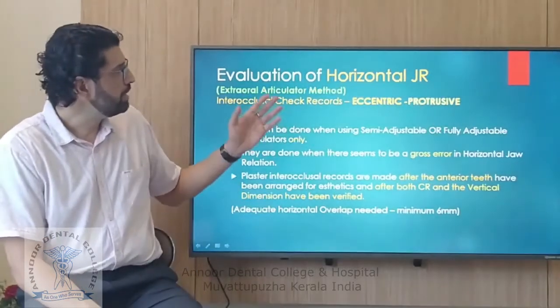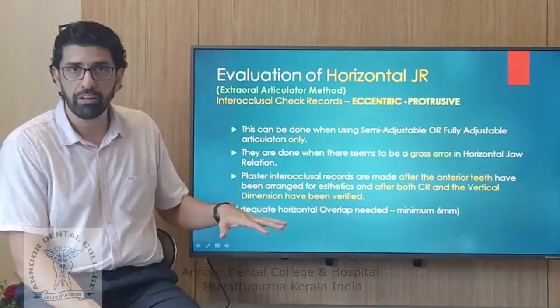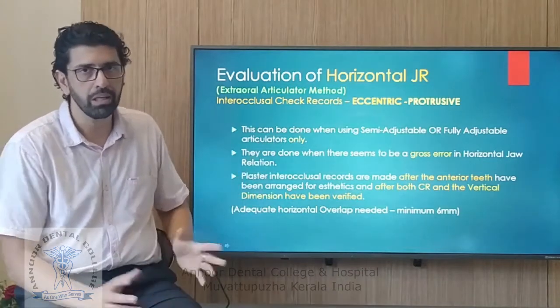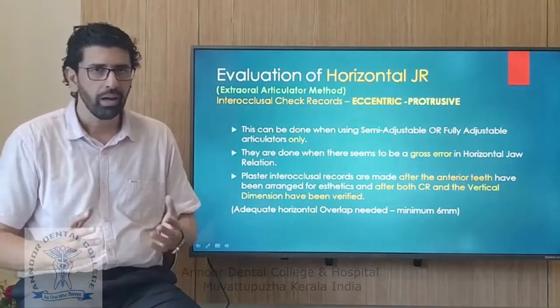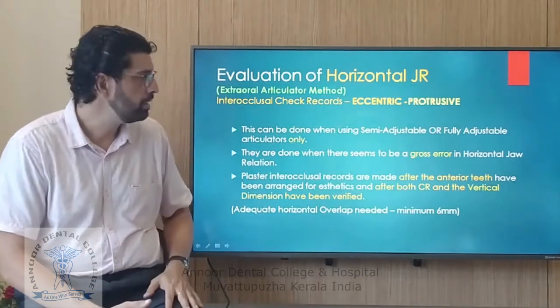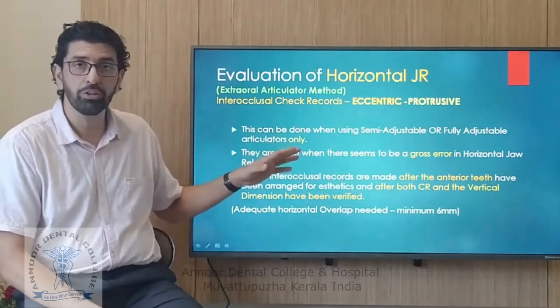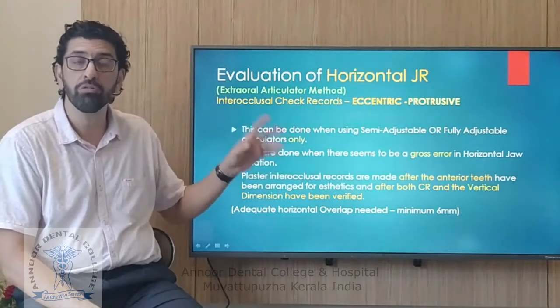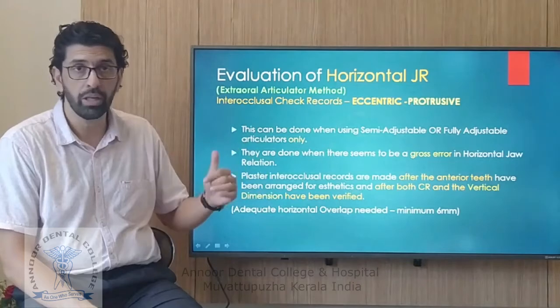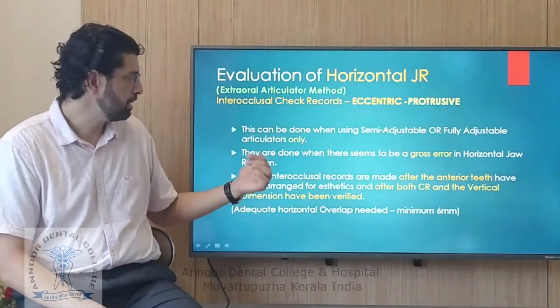So once the centric has been verified, then you have the eccentric position. The eccentric position that we really like to focus on is the protrusive. Okay, so this is the one that you can use only if you're using a semi-adjustable or a fully adjustable articulator. No other articulator will allow you to do a protrusive check record.